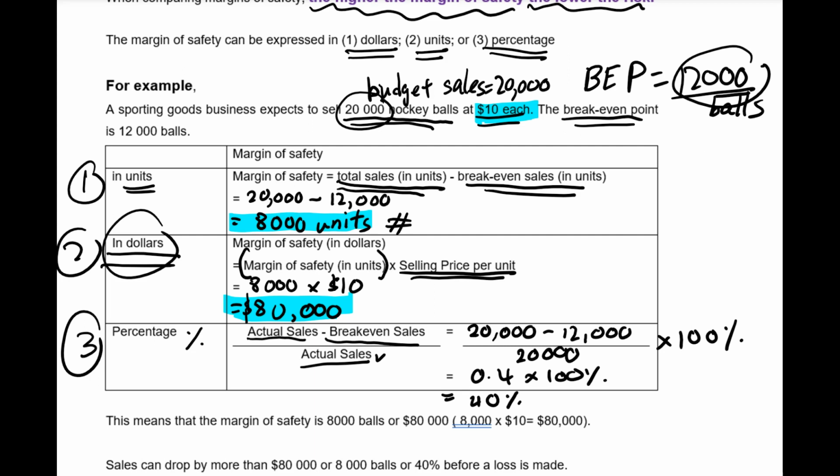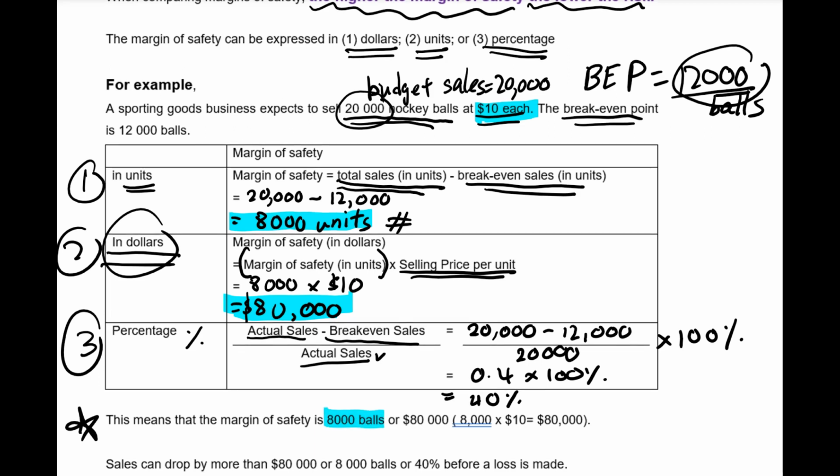So how do you interpret margin of safety? Number one, you can tell me that the margin of safety is 8,000 balls, in units, or $80,000 in dollars.